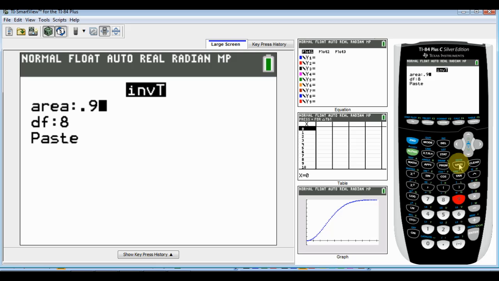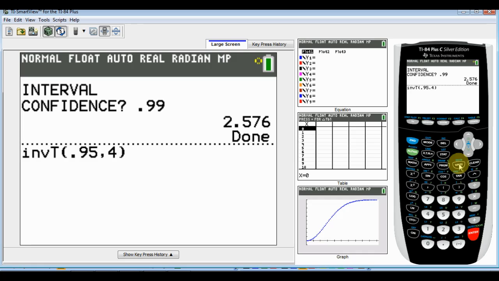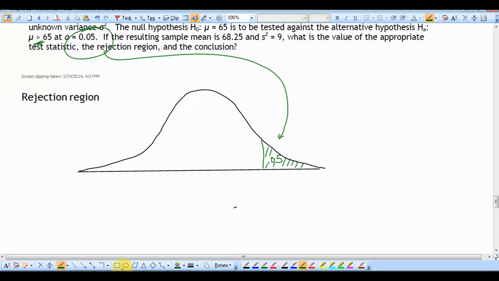Very nice. And how many degrees of freedom? Four. All right, so that gives me a T of 2.132. Okay, so T equals 2.132.